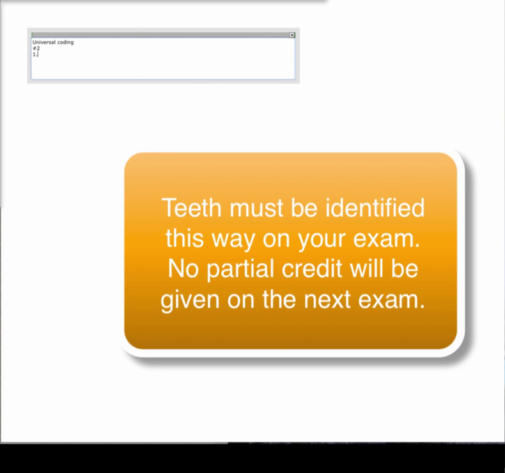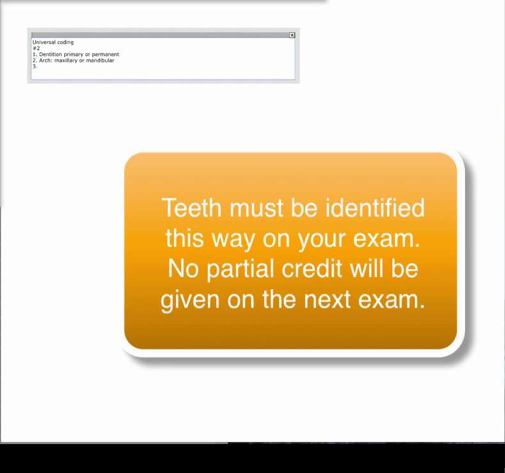First, you need to give the dentition. So is it primary or permanent? Next, you want to give the arch, which would be the maxillary or the mandibular. Third, you want to give the quadrant. In the universal system, we don't go by quadrant numbers.